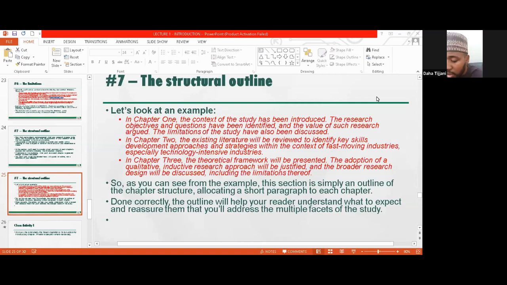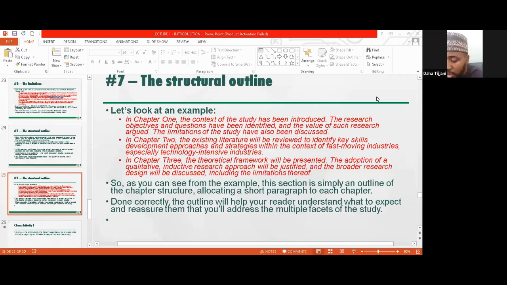In chapter 3, some people put the theoretical framework in chapter 3, but some people also focus on methodology in chapter 3. Methodology talks about what is the method that you're going to use, what is the sample, what is the population, and what is the limitation.